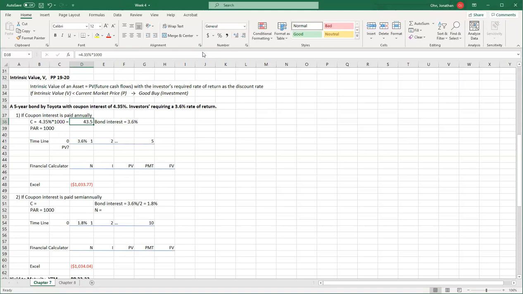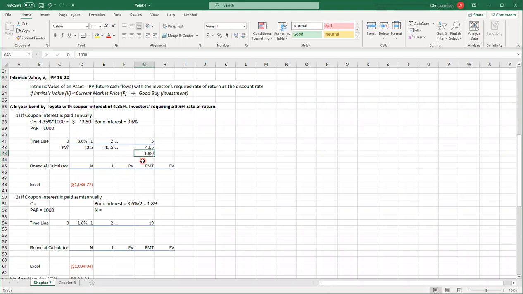That is the amount of the coupon payment. Okay, so that means the investors will receive $43.50 as the coupon interest payment from this bond. And another cash flow is $1,000 at maturity.